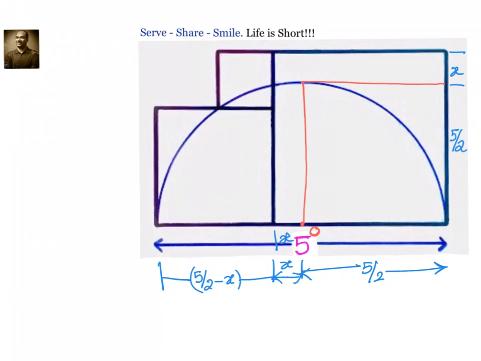Okay. Now what will be the side of the smallest square? Can we identify that? Yes, we can easily do that, because we know that this is 5 by 2 plus x and this is 5 by 2 minus x, because this is a square. So left out is 2x. So this length is equal to 2x. This is 2x again.